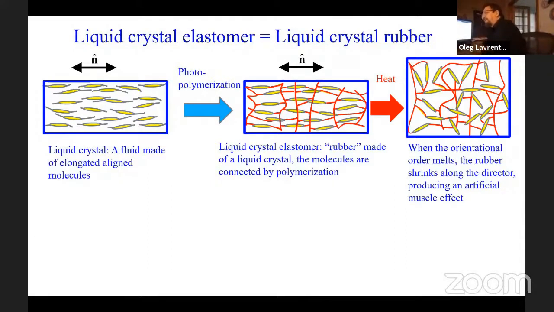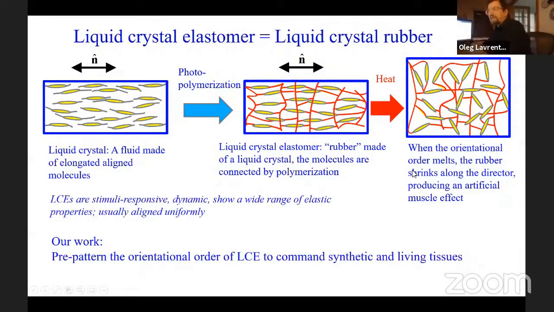The reorientation leads to changes in the elastic properties of this piece of rubber. Namely, the sample will shrink along the director and will expand in the perpendicular directions simply because of the conservation of mass.